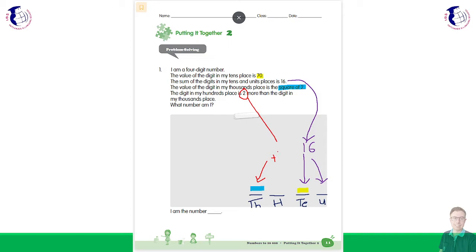Plus 2 will equal the hundreds. And when you've got your 4-digit number, just write it down here. And then that'll be the end of that question. Hopefully that's helped you to work that out. Well done if you didn't need any help and you worked it out by yourself. And let's have a look at the final page for the chapter.